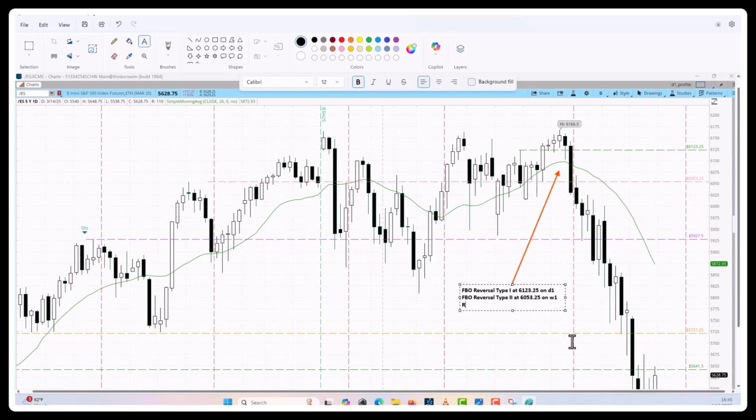And then we have a 4 breakout reversal, type 1 at 57.21.25 on the monthly.